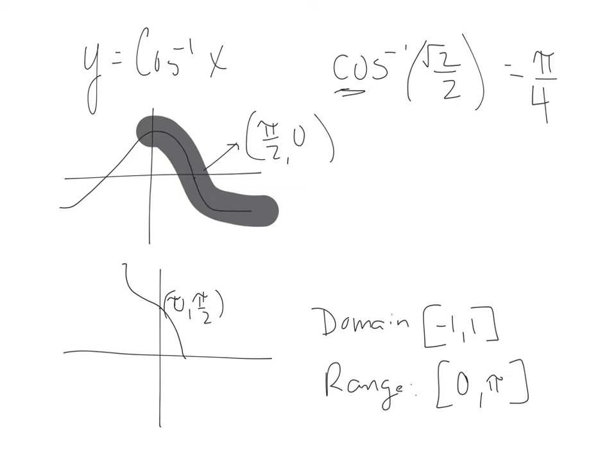But if the question said the inverse cosine, still should be capital, sorry, of negative root 3 over 2, well, that's about thereabouts. And so you can go all the way to pi, so we know that the furthest negative cosine with a pi restriction is 5 pi over 6.